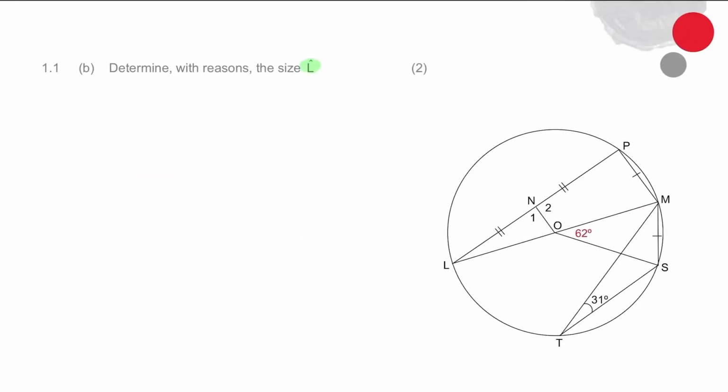In 1.1b, we are finding the size of angle L, and angle L is being formed by two lines, so we're going to trace them. When we do that, we realize that they are both going back to form a chord, which is PM, and chord PM is equal in length to chord MS. That means that the angle subtended by MS, which is at T, is equal to the angle subtended at L. So angle L is 31 degrees because equal chords subtend equal angles.